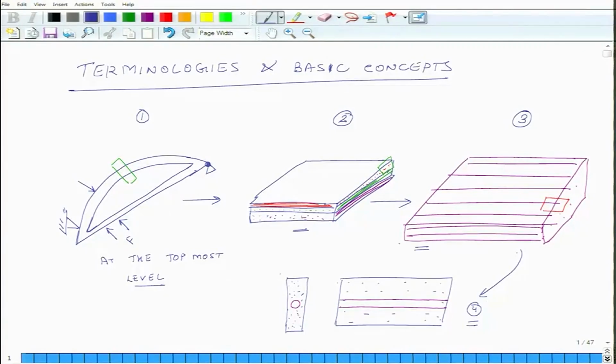Understanding the mechanical behavior at this level, at level 4, is done through a body of knowledge which is known as micromechanics.